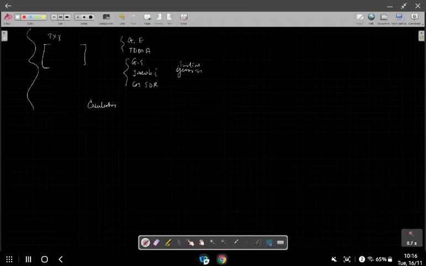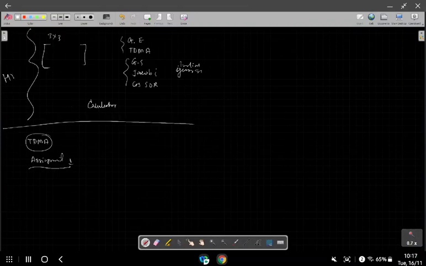In the next classes we'll see the computer algorithm of TDMA, and you will be given an assignment based on it. Assignment number 1 will be to solve any problem using the TDMA algorithm. This is your homework, and this will be your assignment.